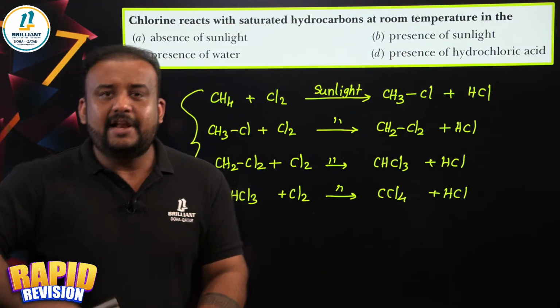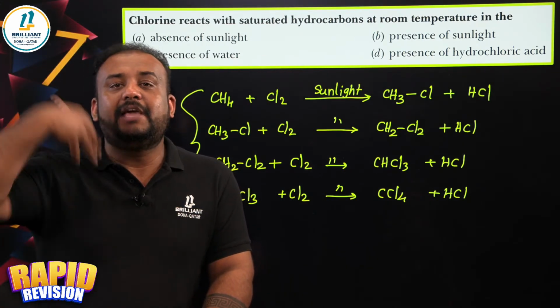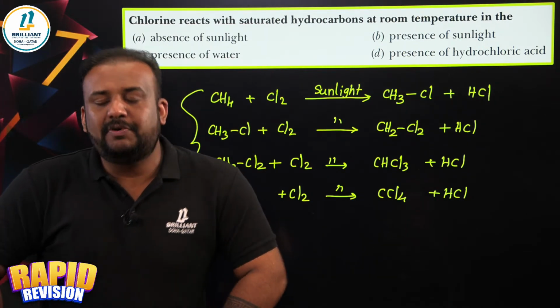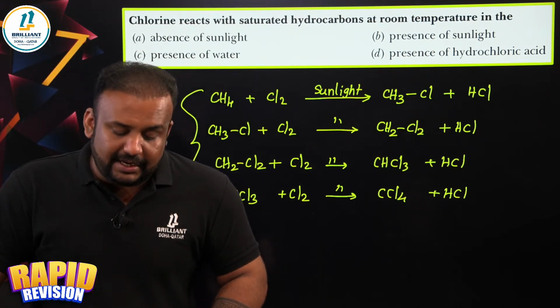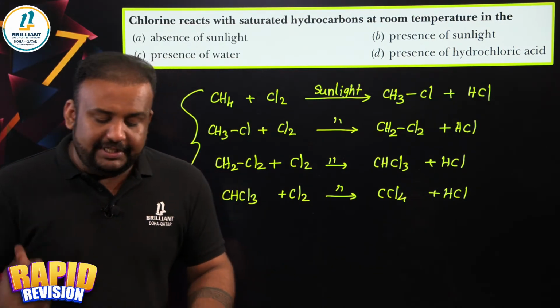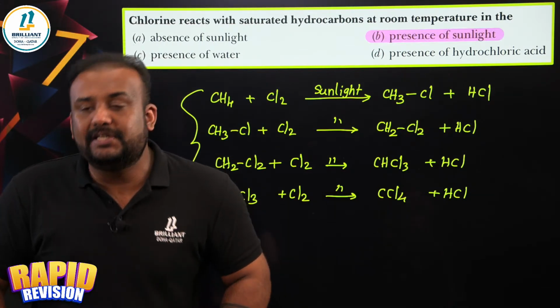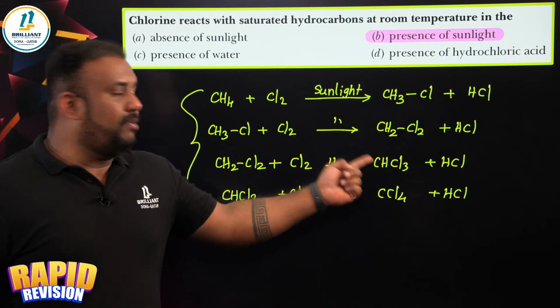So what are we seeing here? Step by step, each hydrogen in methane is substituted by a halogen. That's why this reaction is called halogenation or free radical substitution reaction. And for this to happen, light is mandatory, so it takes place in the presence of sunlight. I believe all of you know the name of the compounds formed here.